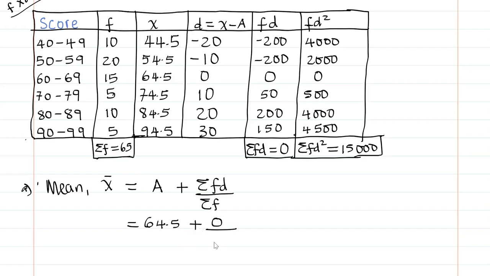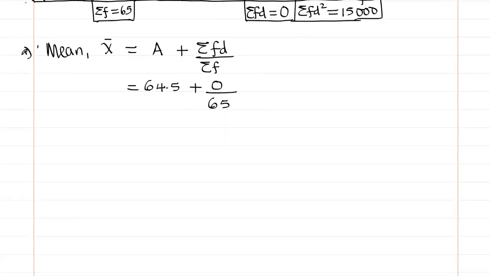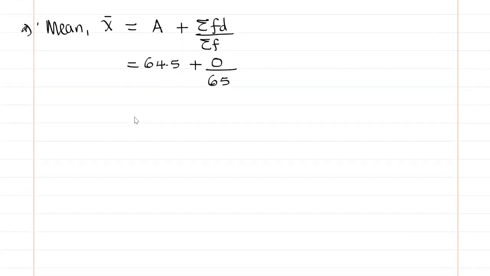which is just the total frequency. That is the total number of students in the class, divided by 65. And then you compute. Here we shall have 64.5 plus 0 divided by 65, we get 0. And therefore when we add here, we shall have 64.5.